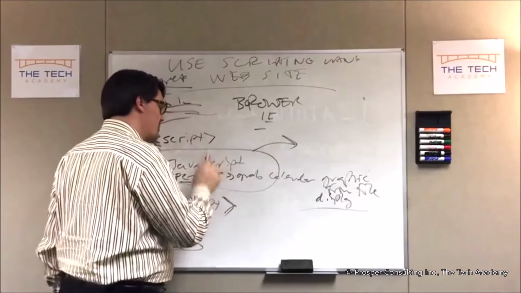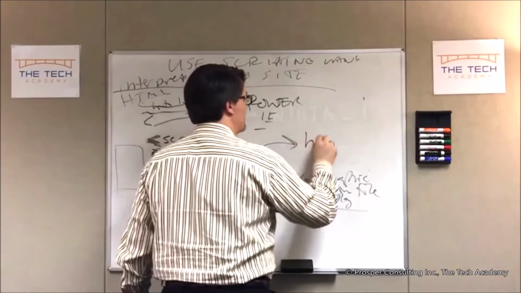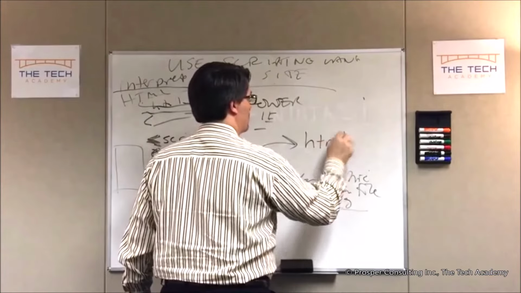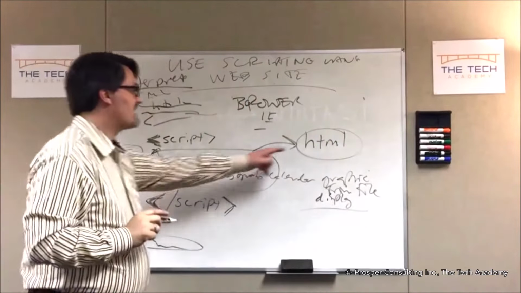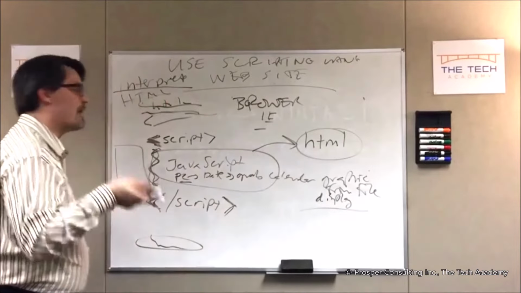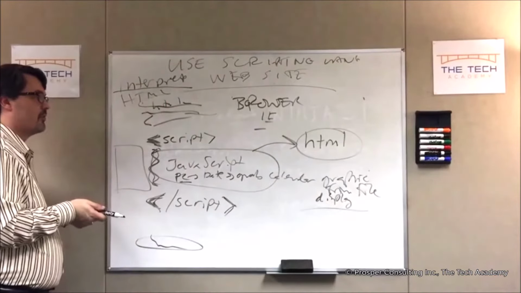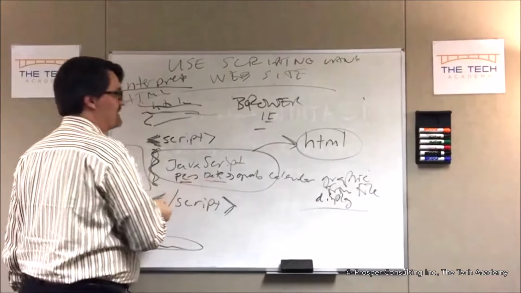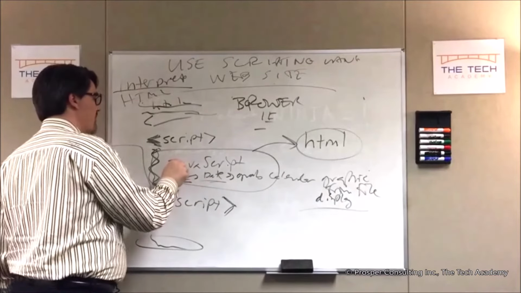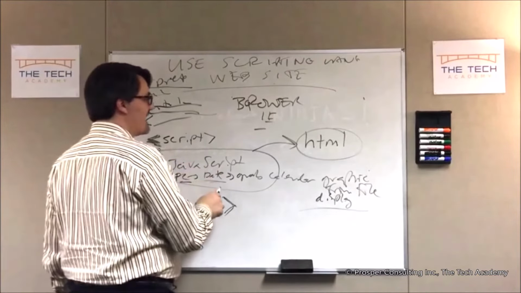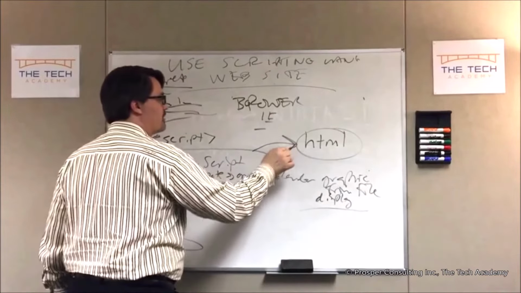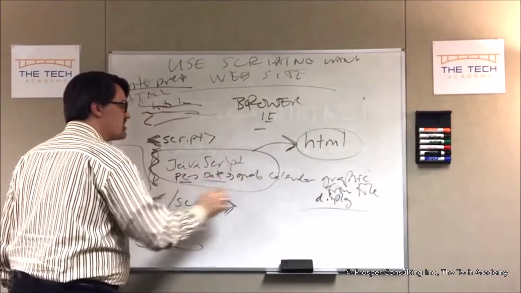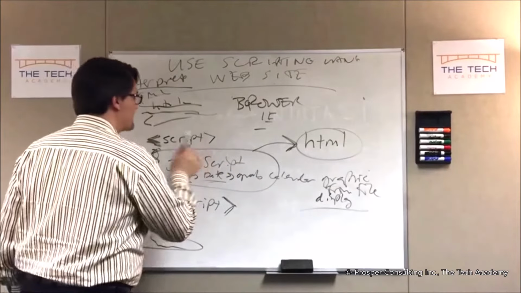And based on what the code says to do, it creates HTML that your browser can use. But that HTML can be different every time you visit the website. Why? Because the date will be different. And you've built your JavaScript code to check to see what the date is and literally create HTML based on a changing condition. That's how you use a script.